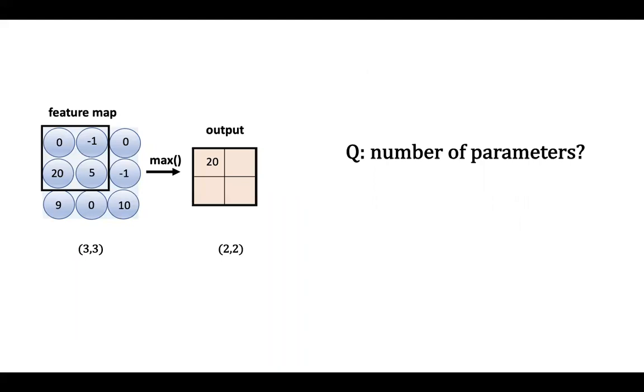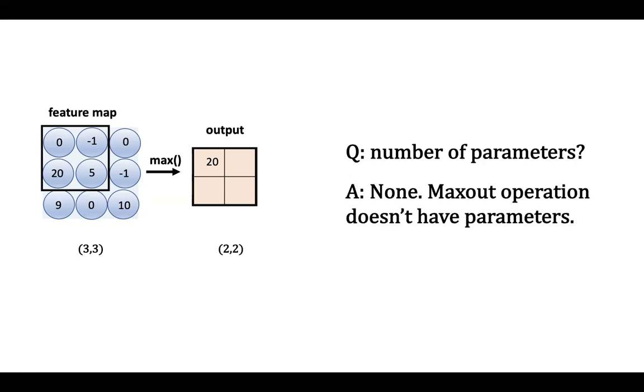So imagine that we have some feature map of size 3 by 3, and we perform a max pooling operation with the frame or the pooling size of 2 by 2. So this is a frame. So how many parameters do we have here? It's a trick question. We don't have any parameters, because we perform a max operation and there are no parameters there.